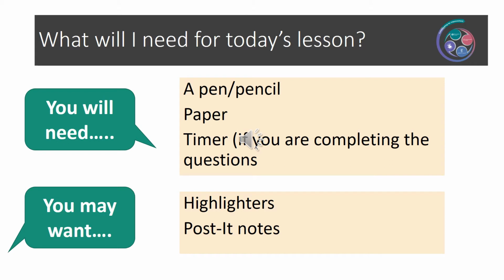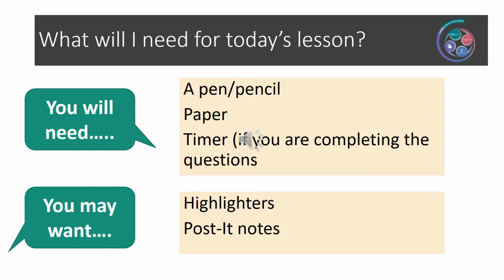For today's lesson, there's a few resources that you're going to be needing. What you will definitely need for today is either a pen or a pencil, some paper, so that might be a jotter or a notebook, whatever you would prefer, and a timer, especially if you're completing some of the questions that are going to be used in today's lesson.